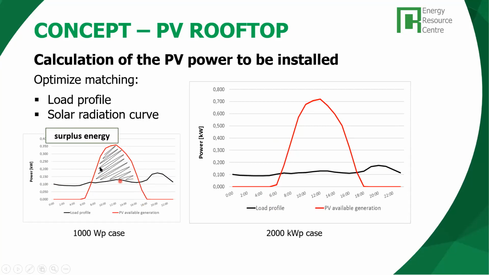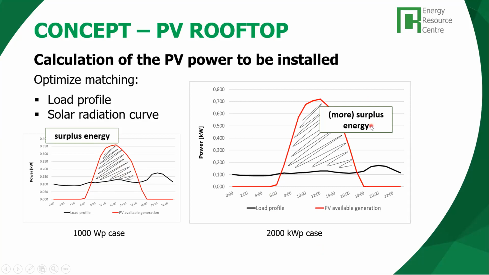So in this area here, where the solar panels are generating but we don't have consumption, we have surplus energy. We have a lot of electricity being generated by the panels that is not consumed at the moment in the cemetery. If we go for a larger PV system, we will of course have even more excess electricity.